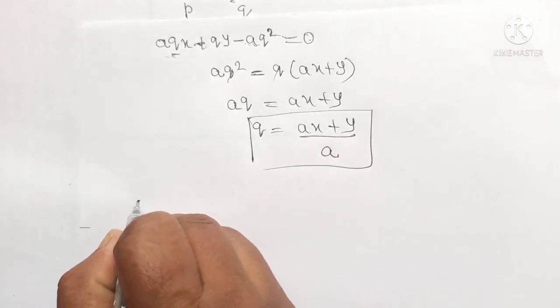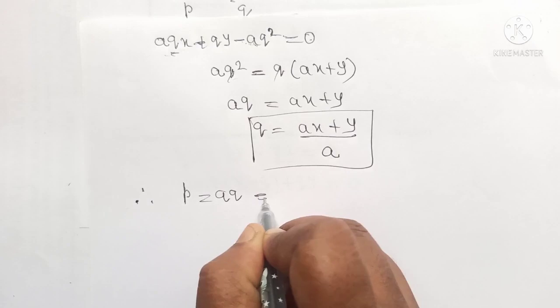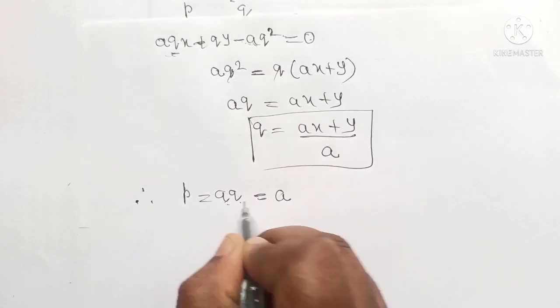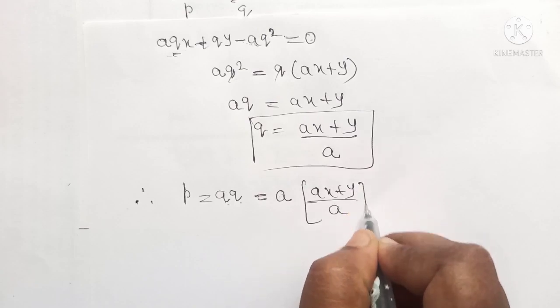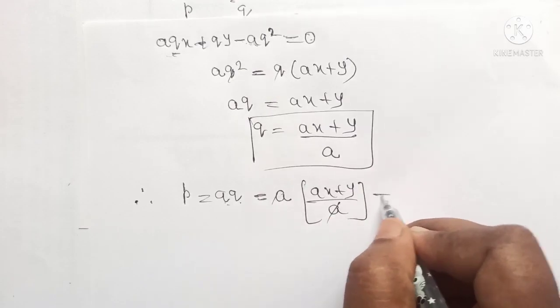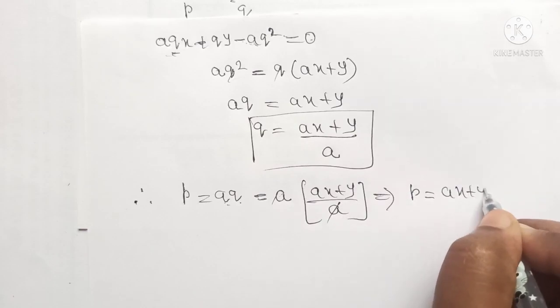So we have p equals aq. Simplifying, a into q is nothing but (ax plus y) divided by a times a, so a gets cancelled, and we get p as ax plus y.